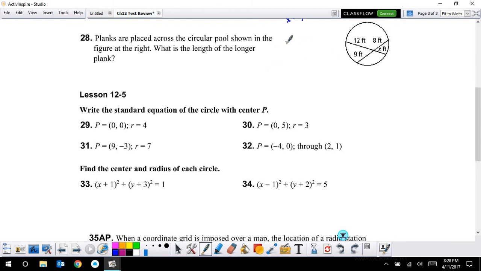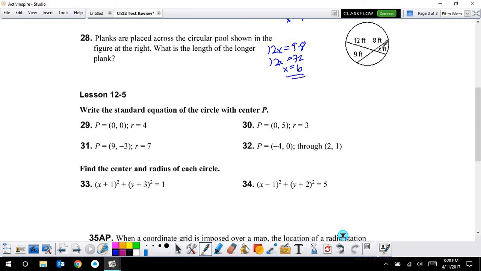So this is another part times part equals part times part. And they want to know the length of the longer plank. So basically, once we find x, we got to find which chord is longer. So I've got 12 times x, part times part, equals 9 times 8. We know 9 times 8 is 72. So 12x equals 72. So when you divide by 12 and isolate that x, you get x is 6.